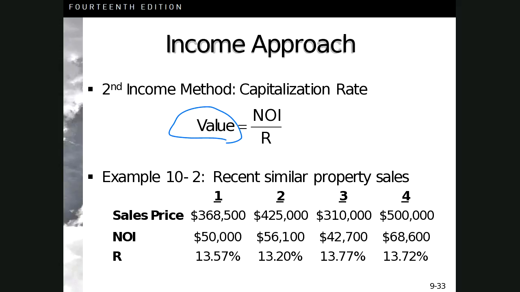And if I say the cap rate is equal to 13.5%, and the net operating income is, what, 4 million?